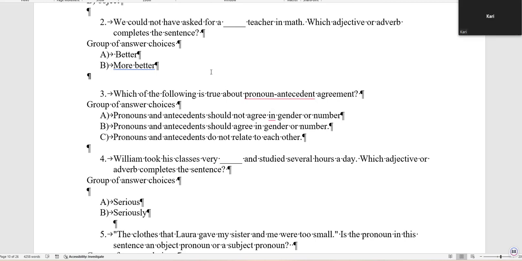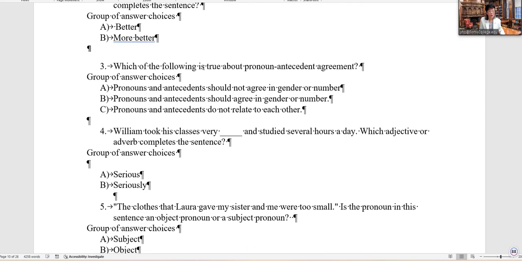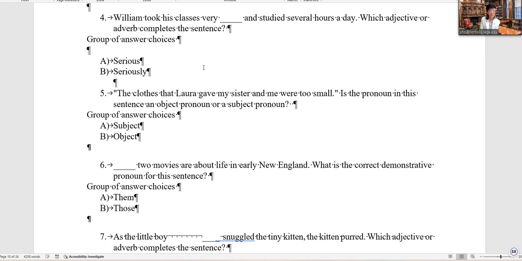B. William took his classes very, B, seriously. The clothes that Laura gave my sister and me were too small. Is the pronoun in this sentence an object or subject pronoun? Object. And is it them two movies or those two movies are about life in New England?